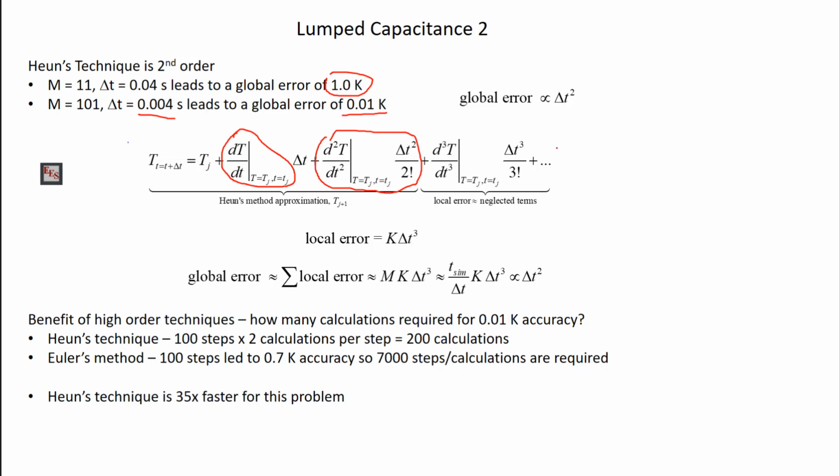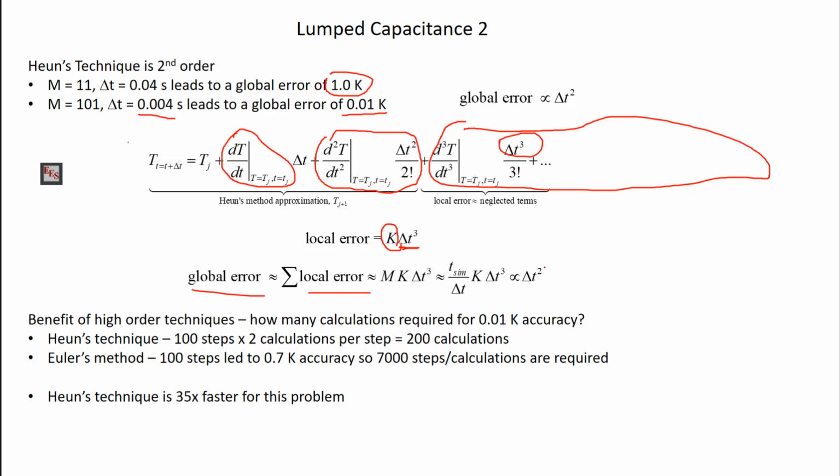So now my local error is all this stuff out here, right? The biggest one being delta t cubed. So my local error is now proportional to delta t cubed, where this constant is related to the third derivative. My global error is the sum of all these local errors, so that ends up being delta t squared, right? That's my second order technique.